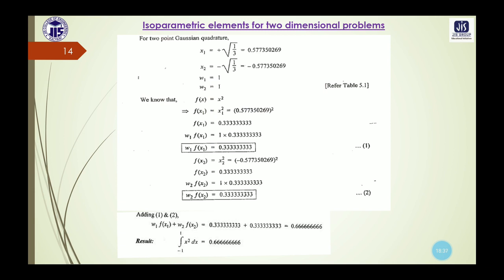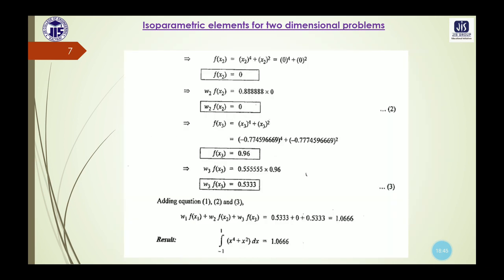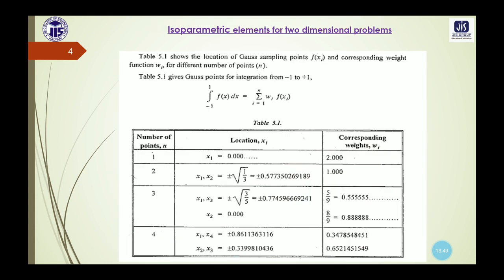Now we need to refer to the table regarding the Gaussian quadrature for number of points as 2. So let us move back to the table. Here we can see that for the number of points 2, the locations x1 and x2 are plus minus root under 1/3. So that means x1 is plus root under 1/3 and x2 is minus root under 1/3.